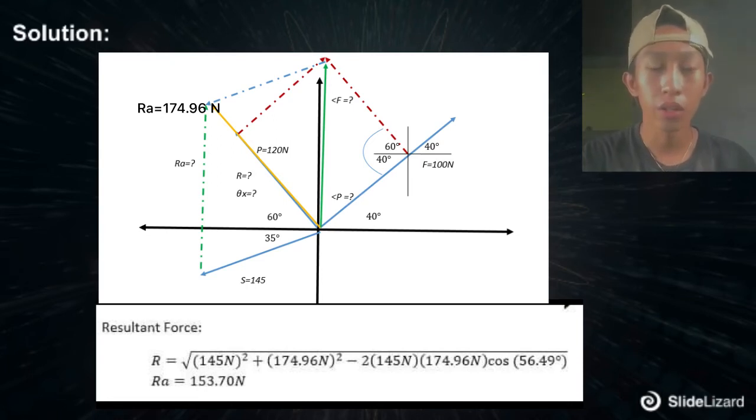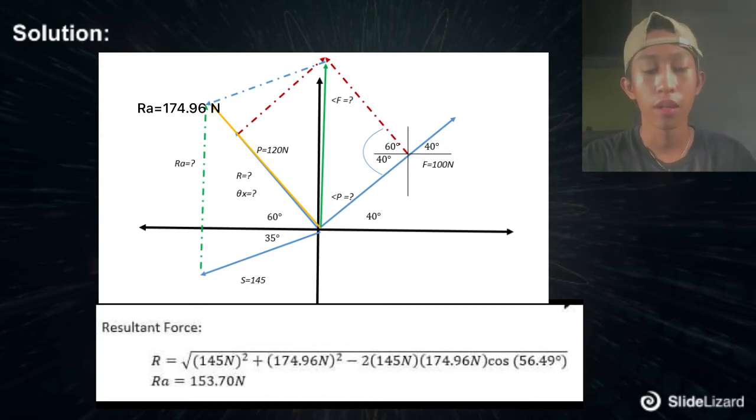Square 145 Newton, it is equal to 21,025, plus square 174.96, which is equal to 30,611. Then minus, multiply 2 by 145 by 174.96 by cos 56.49 degrees, which is equal to 28,011.78.